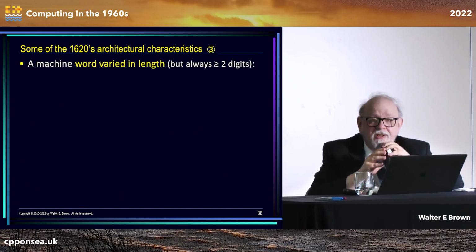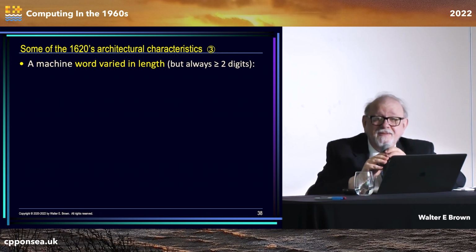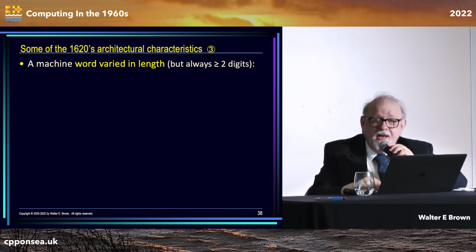The machine word was variable length, at least 2 digits, but you can have 60,000 digits if you wanted. I remember once I wrote a program to calculate pi to 30,000 digits, and it fit comfortably in memory. So I had a word that was 30,000 digits long.